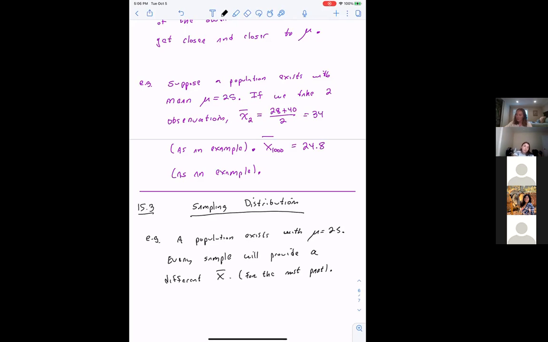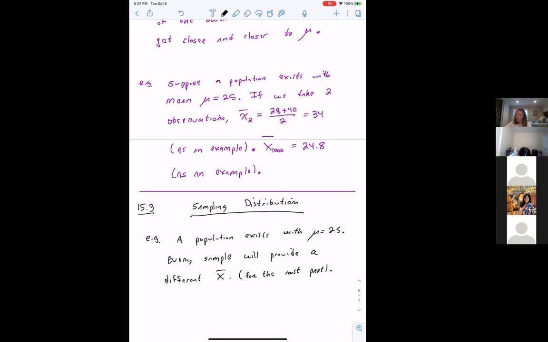Which means I might ask the following question. What's the likelihood that my X bar will have some number? What's the likelihood that X bar will be 24.3? Or that X bar will be 26.1 or 29.2?